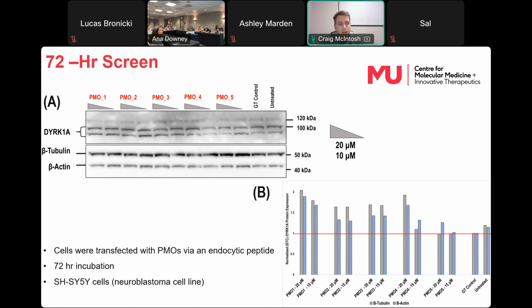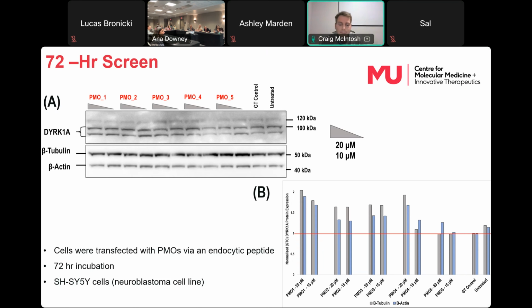We generally have to make them from skin cells or from stem cells. So what you're seeing here is a screen of 5 compounds at 2 concentrations. The triangle on the higher side is the higher concentration and the one on the lower side is the lower concentration.